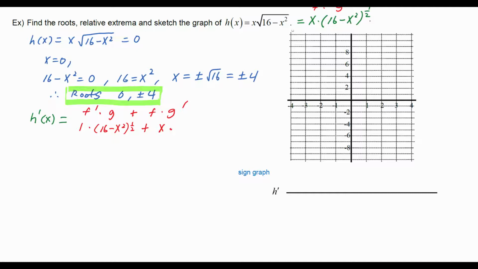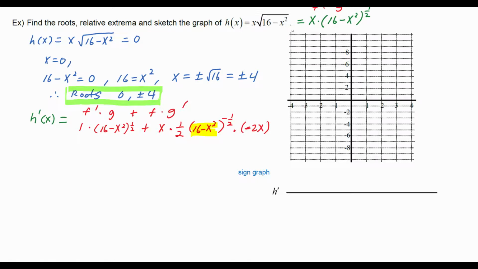So you take the derivative of that, that will be 1/2 times something to the 1 less power, which is negative 1/2 power. And I do not touch inside yet. And when you're done with derivative of outer function, now you take the derivative of inner function. And derivative of 16 minus x squared is negative 2x.